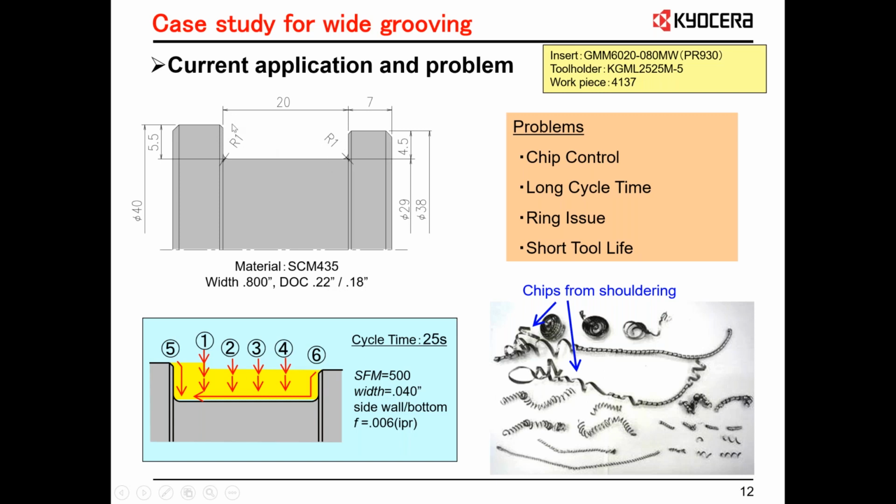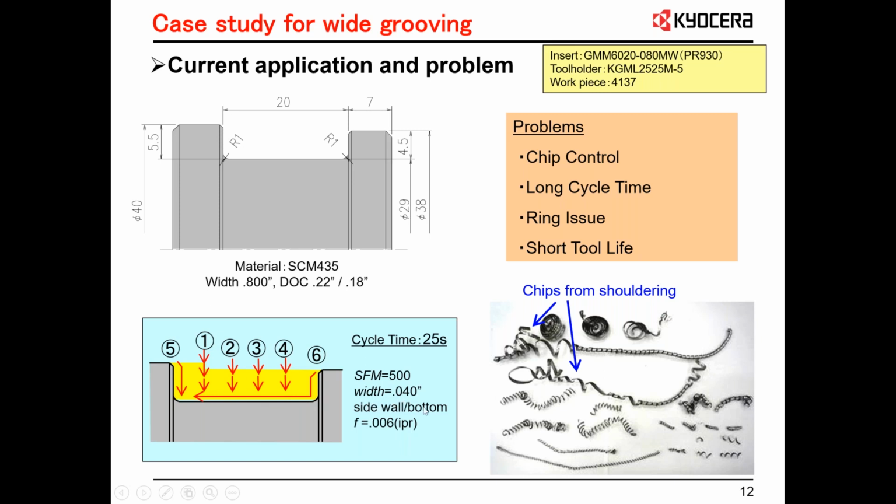So for cycle time at this point, you can see here's the path: tool one, plunge, plunge, 3 plunge, 4 plunge. Come back, finish the wall radius here, pass 5, pass 6 come down, finish the wall and finish the floor.